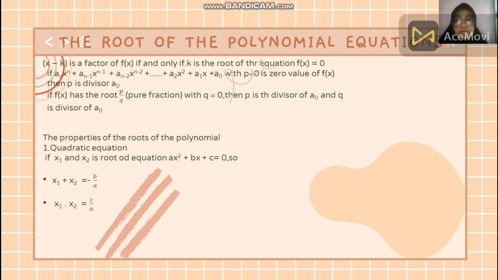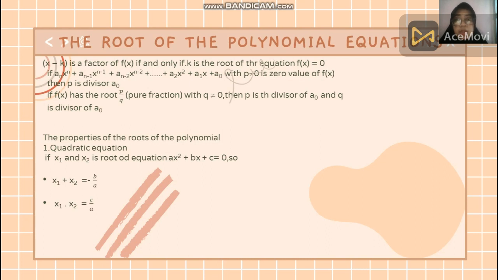If f(x) has a root p over q, a fraction in lowest terms with q not equal to 0, then p is a divisor of a_0 and q is a divisor of a_n.